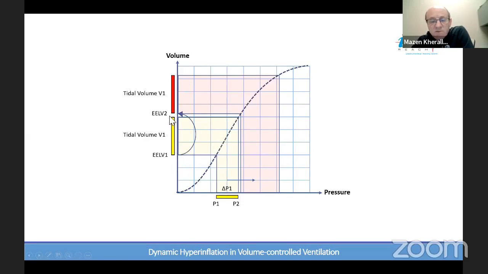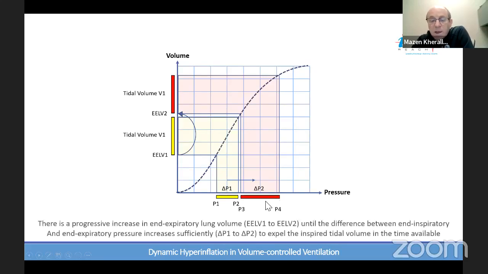So this is the volume the first time, and this is after we develop PEEP. Here what you see is P1 becoming higher, which is the Auto-PEEP. This is P3, and P4 is the inspiratory pressure. Now, the dynamic hyperinflation stops where we have a high enough driving pressure to drive the air out.